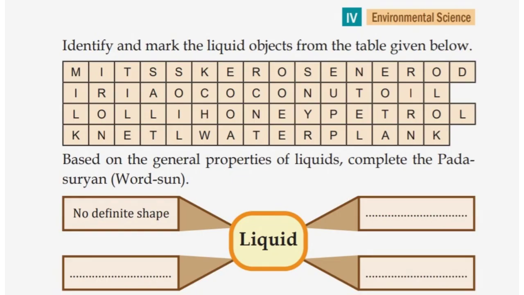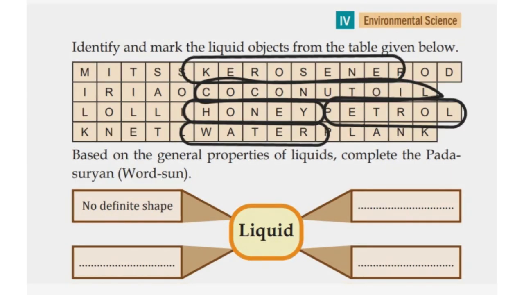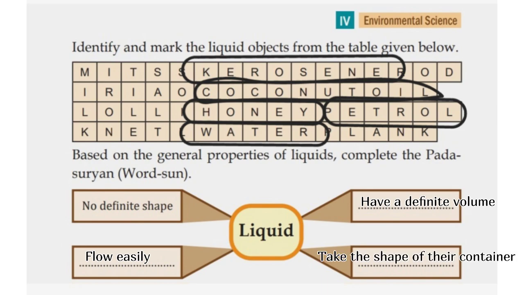Identify and mark the liquid objects from the table given below. Kerosene, coconut oil, water, honey, petrol. Based on the general properties of liquids, complete the word sum. Liquid: no definite shape, have a definite volume, flow easily, take the shape of their container.